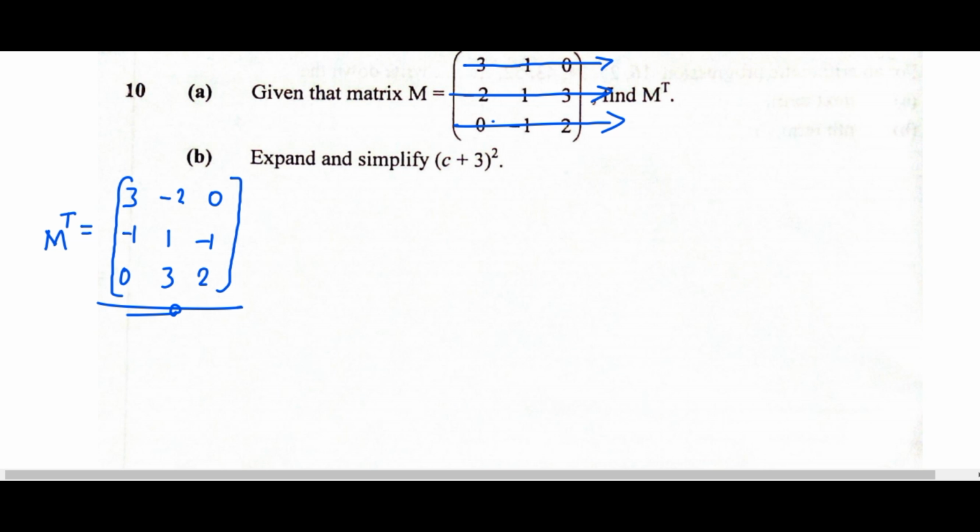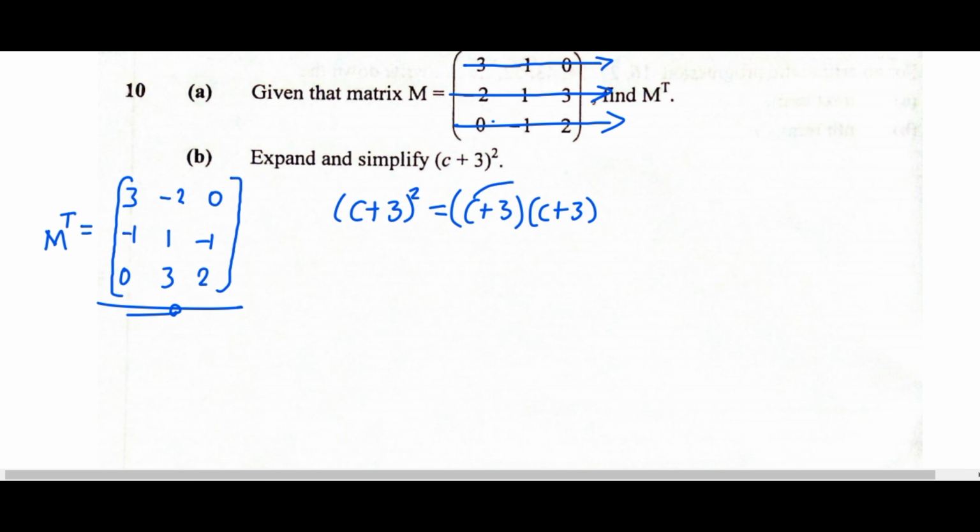Then for question B, expand and simplify (C + 3) squared, which is equal to (C + 3) times (C + 3). Since we have a squared, it means we have two brackets of the same.